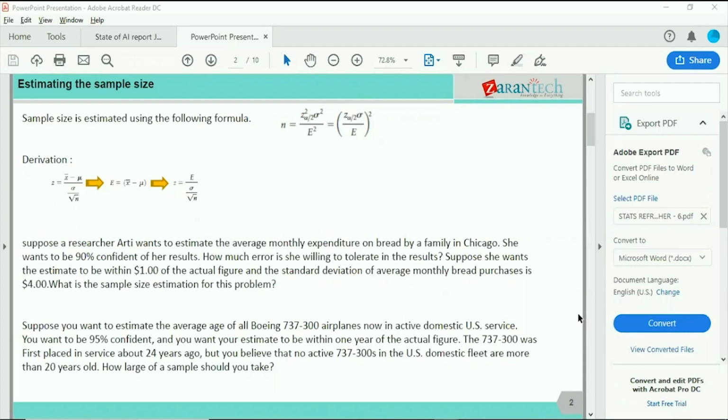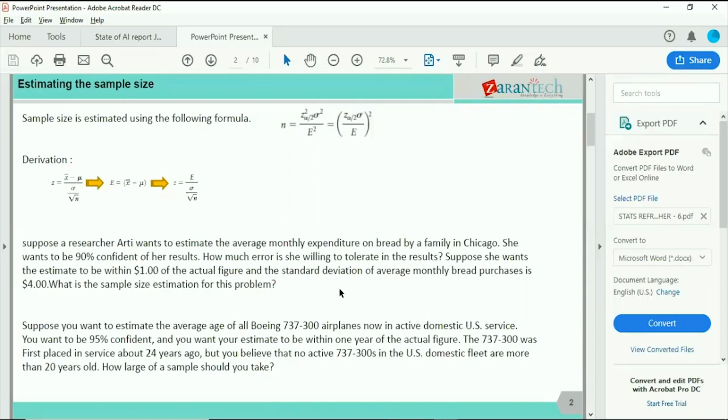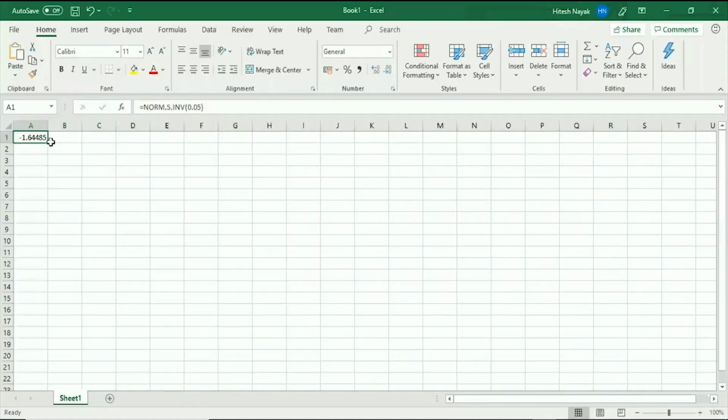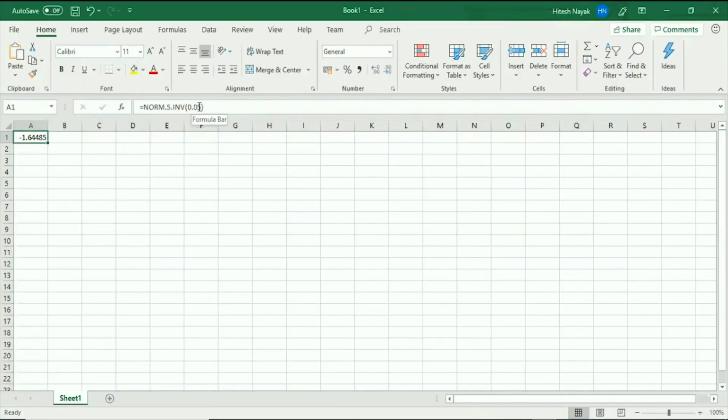Can we check again what is the value for each? Is it 0.1 alpha? So it is 0.9, so alpha is 0.1. Alpha by 2 is 0.05. Yeah.